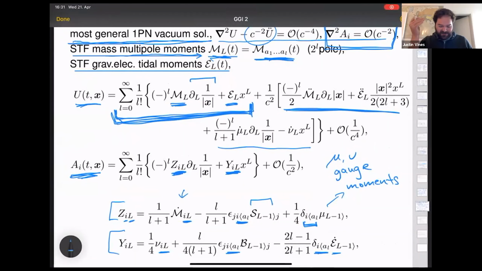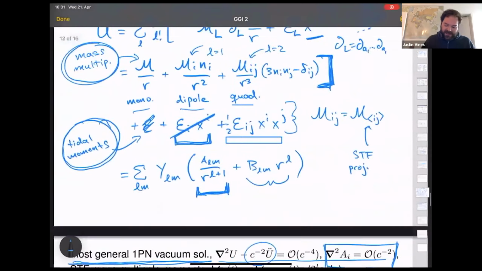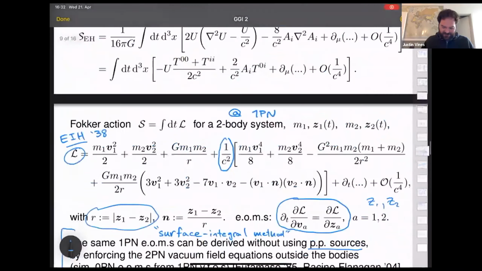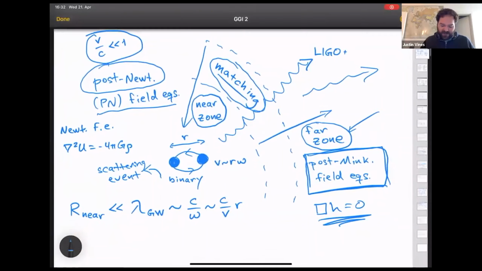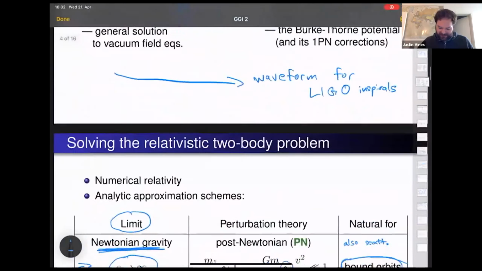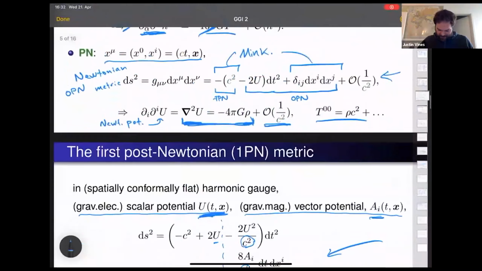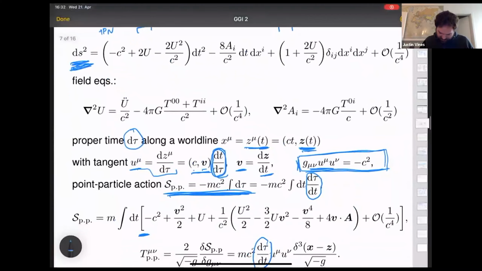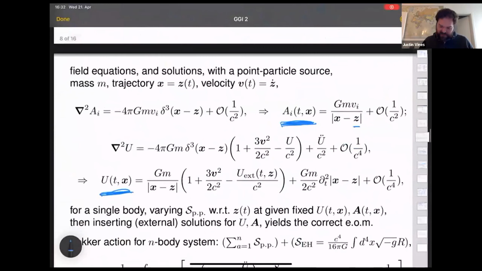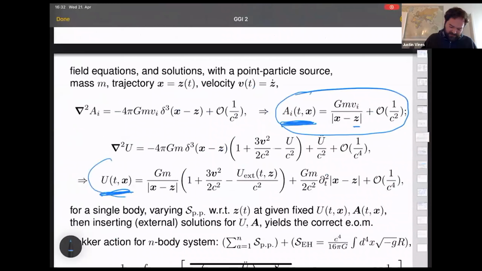So we talked before about, back up to the original picture. We had this binary system, right? And we wanted to solve the field equations. We did that. In fact, for our point particle system, the relevant solutions to the field equations were a sum of two terms like that, one for each body, and then for our scalar potential, that's the field generated by one body.